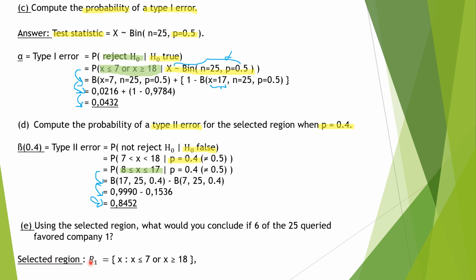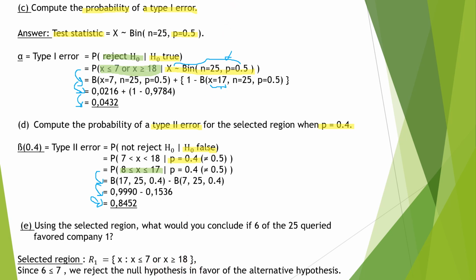Our rejection region was X less than or equal to 7 or X greater than or equal to 18. Since I have 6, which is less than or equal to 7, I will have to reject the null hypothesis in favor of the alternative hypothesis. If I had, for instance, 24, then I'd also reject the null hypothesis because 24 is greater than 18. But if I had something like 9, then I cannot reject it.